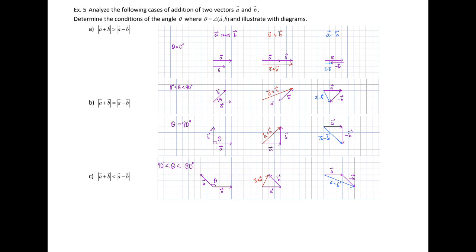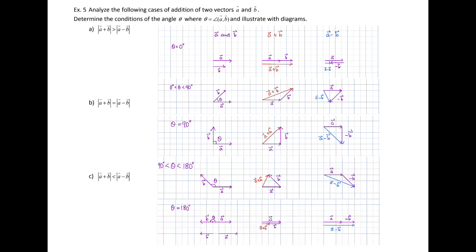This time you can see the resultant, the red one, of the vectors A plus B will be shorter than the resultant of the vector A minus B. Case 5. When the angle between the two vectors is 180 degrees, that means vector A and vector B are pointing in the opposite direction. So you can see vector A plus B, the resultant will be shorter than vector A minus B.